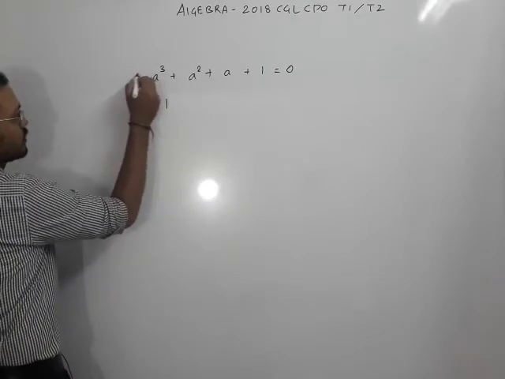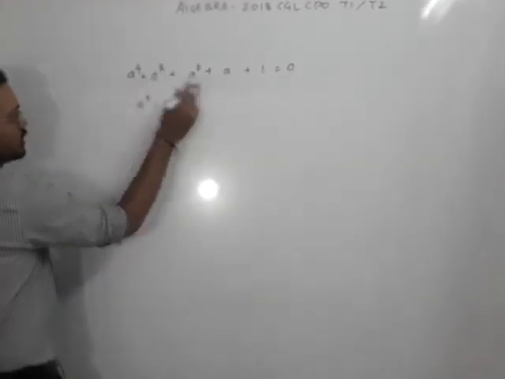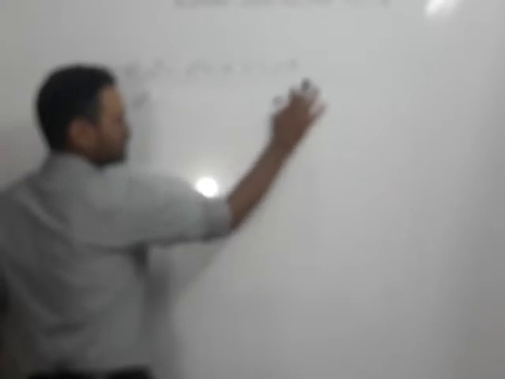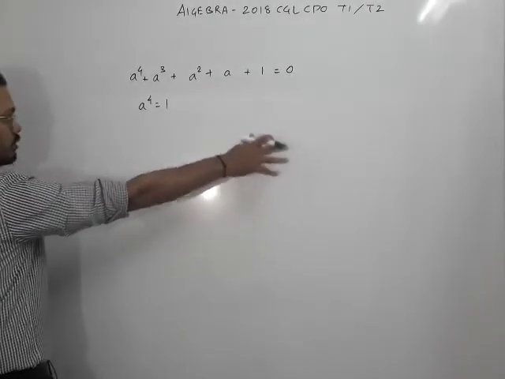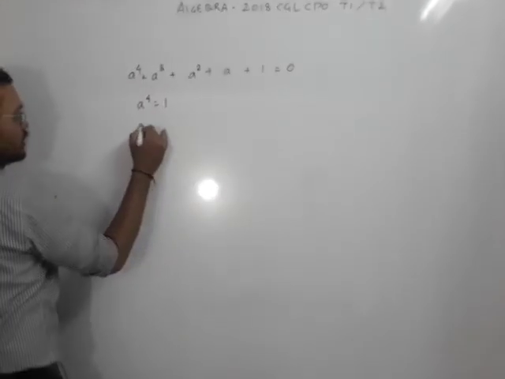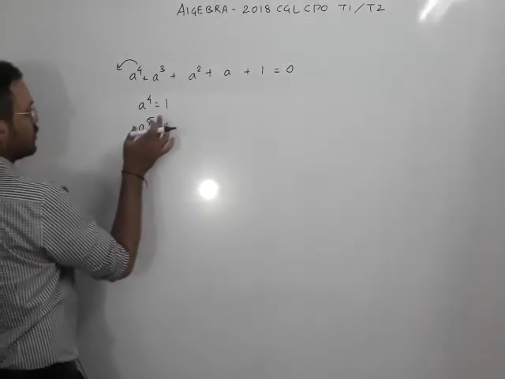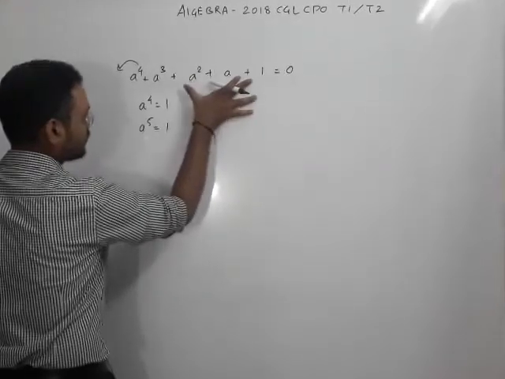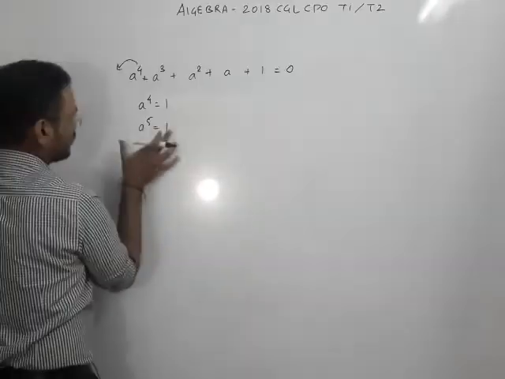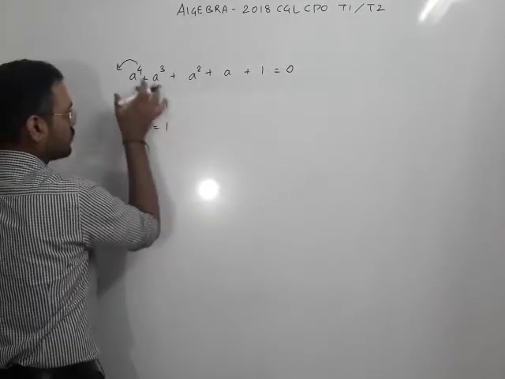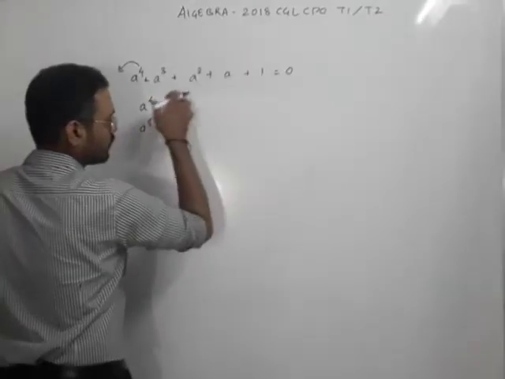Let's say if it is given as a raised to 4 plus a raised to 3 plus a square plus a plus 1 is given as 0, then you can say that a raised to 5, the next one, is going to be 1. Why does it happen? It's simple, the moment something like this is given and you have to find a raised to 5, the moment you put this value, all values get cancelled.